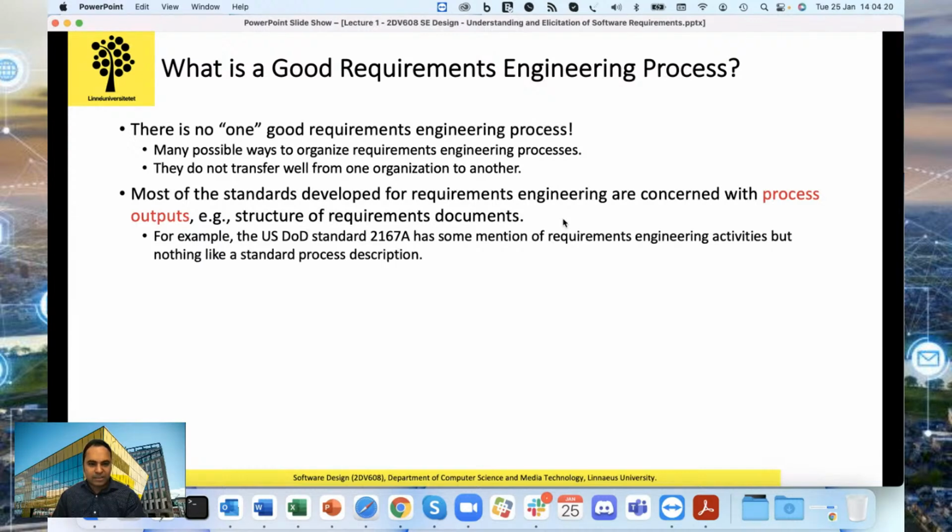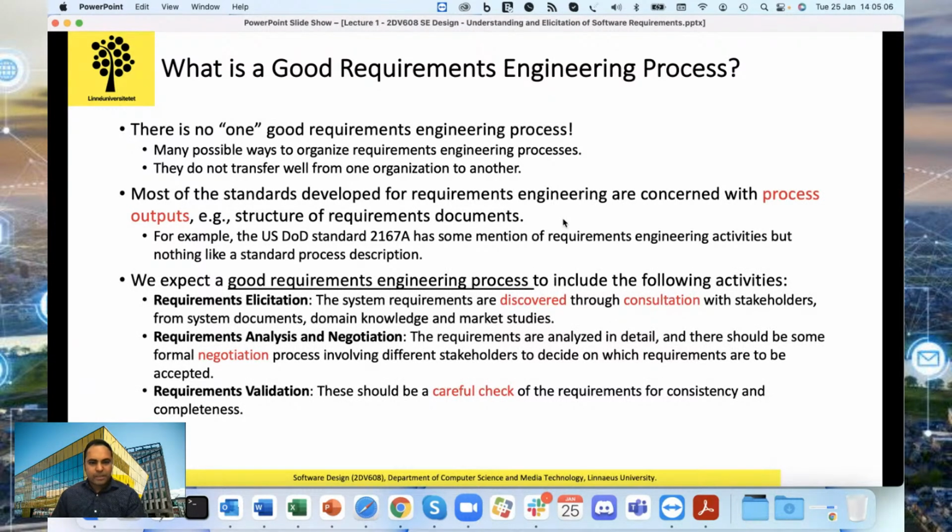But the United States Department of Defense had a standard, 2167, for their requirements engineering. That is considered one of the widely known and one of the very first requirements engineering process documents. But still, those were for military software or hardware engineering processes, and might not be applicable for small scale regular software engineering projects.